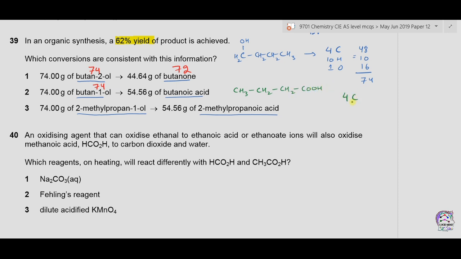There are 4 carbon atoms, 8 hydrogens, 2 oxygens. So the molecular mass is 88.